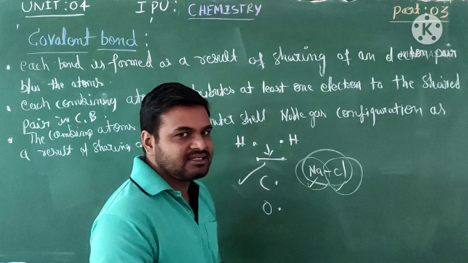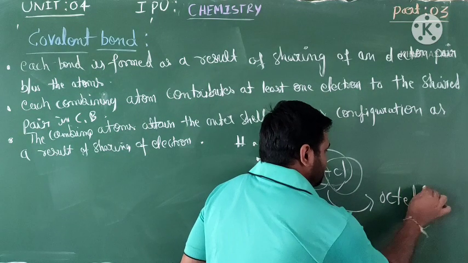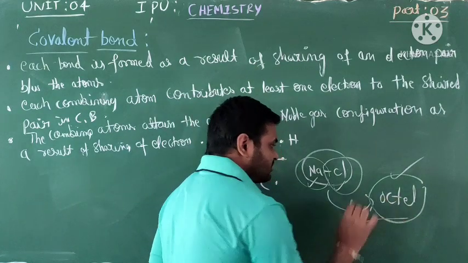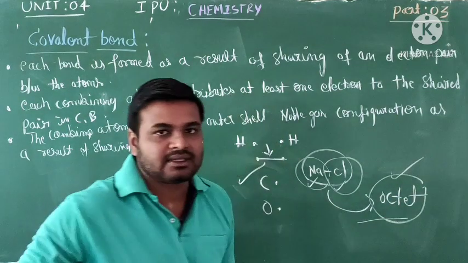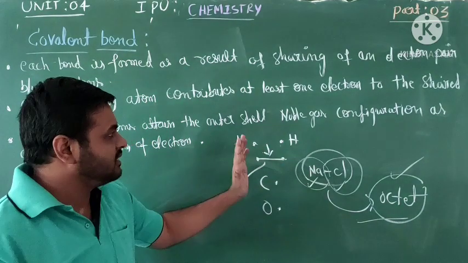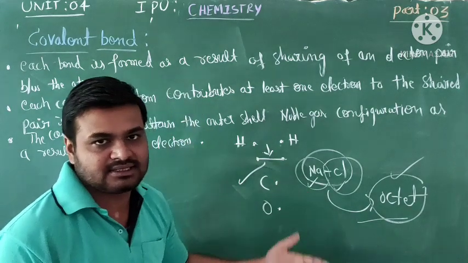Noble gas configuration gives the octet rule. They obey the octet rule. So we will discuss all these terms example by example, one by one.